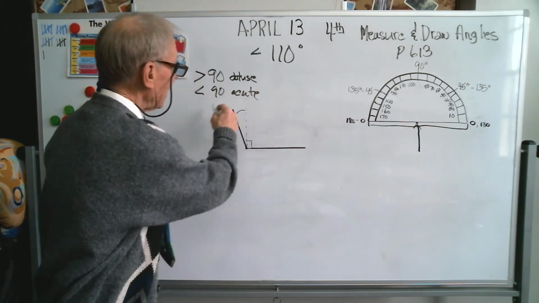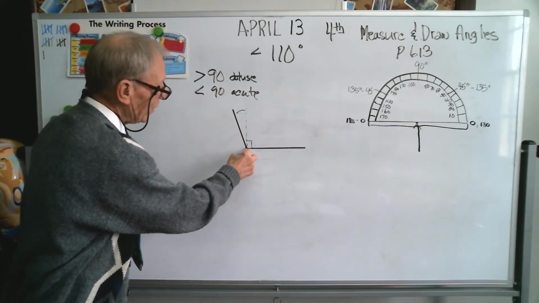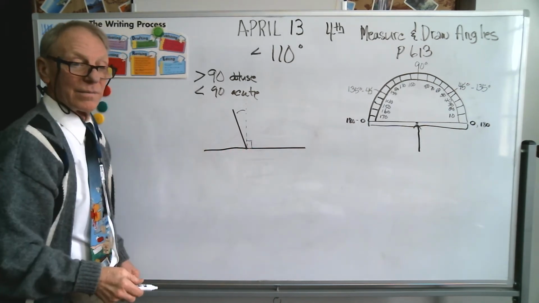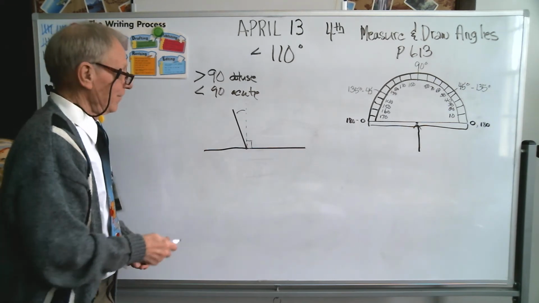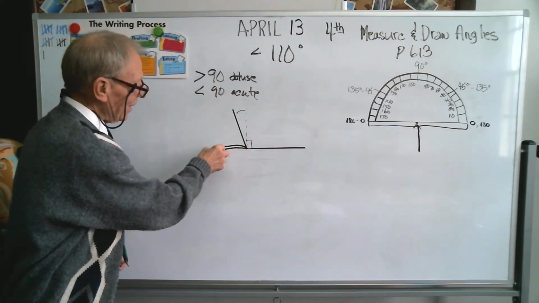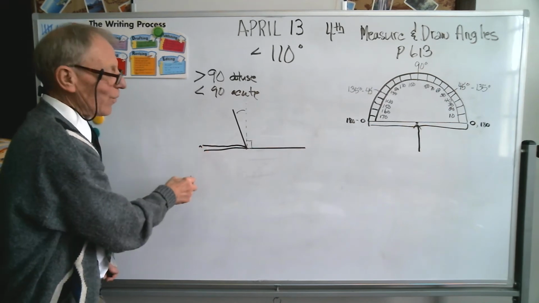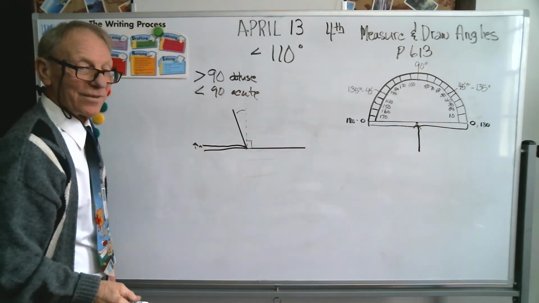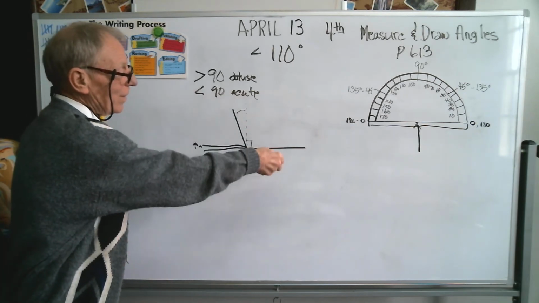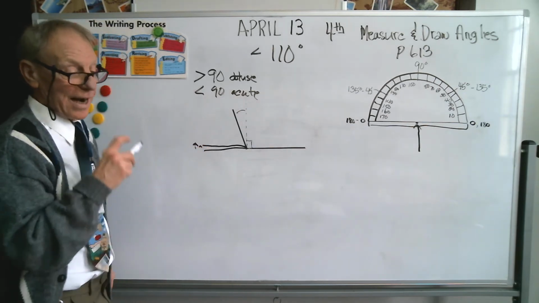And you can go all the way to 180 degrees, which would be a straight angle. 179 degrees would be 1 degree in that direction. And you can go either way on this protractor.